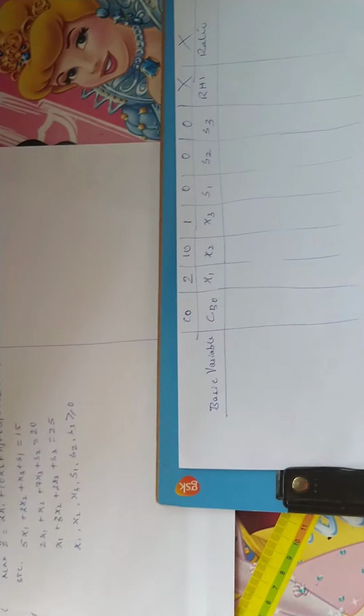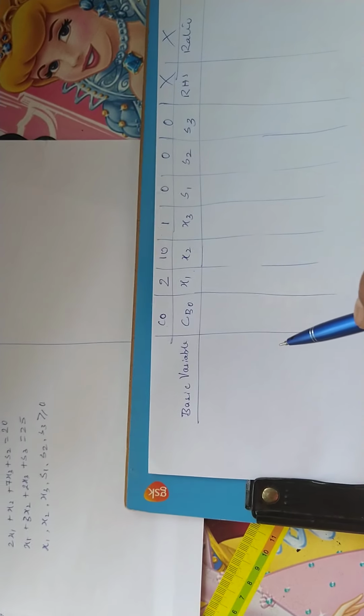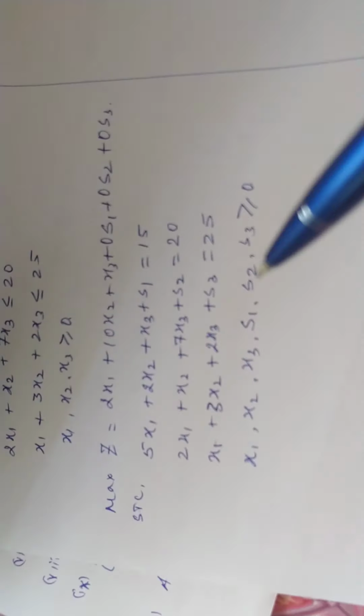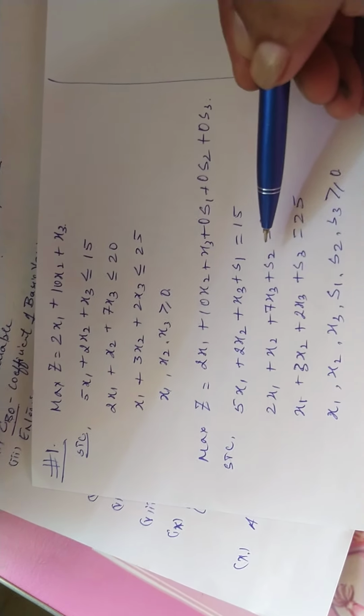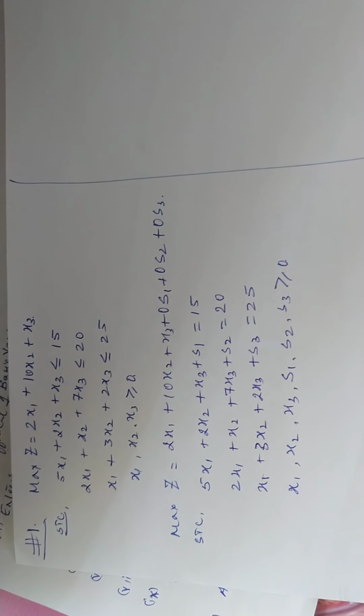Now the set of values that needs to be assessed for its existence in the set of equations here are the slack variables themselves.